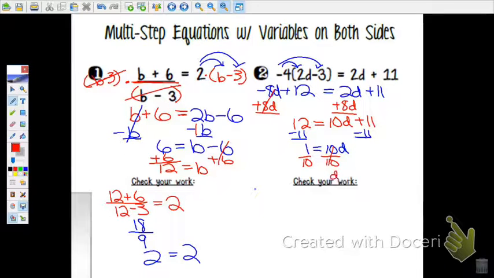So d equals 1/10. So when we check this one, we're going to have to think a little bit harder when we've got that fraction. In place of d, I'm putting the fraction 1/10.